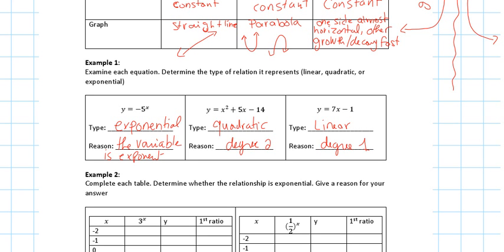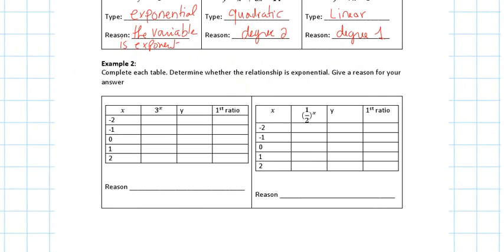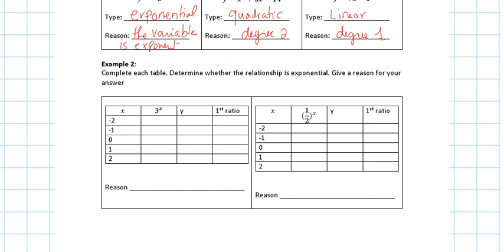Okay, so for this one, it's asking you to complete each table, determine whether the relationship is exponential, and give a reason for your answer. So the first one, if you have x and then y is 3 to the power of x. We know it's going to be exponential because of the equation, but let's do the table of values.